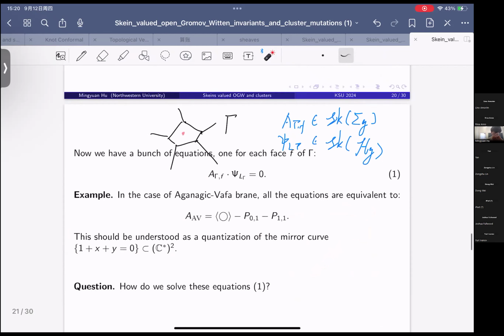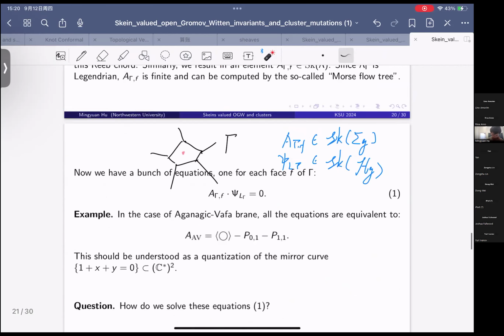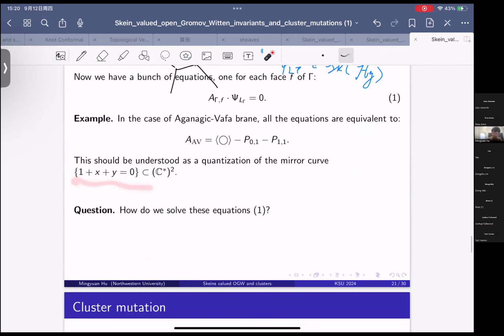If you're familiar with mirror symmetry, actually this is a mirror curve. This is a pair of pants, right? And that's the mirror curve of C3.